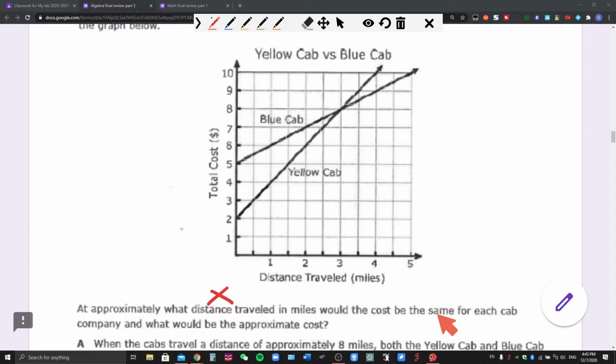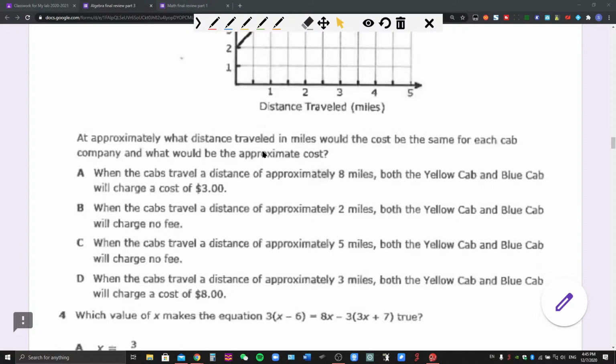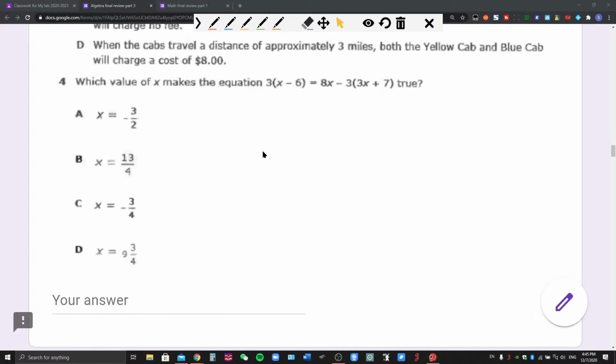Would the cost be the same for each cab company, and what would be the approximate cost? Oh, that's the same question. Oh, we're looking at question 3. Okay, let's go to question 4. I'm sorry, my bad. Question 4.